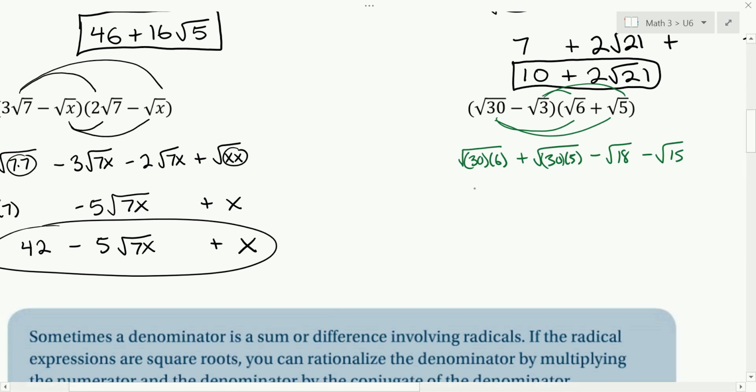So how would you break it down? Okay. So the first part becomes 6 root 5. That's good. So the next one is 5 root 6.